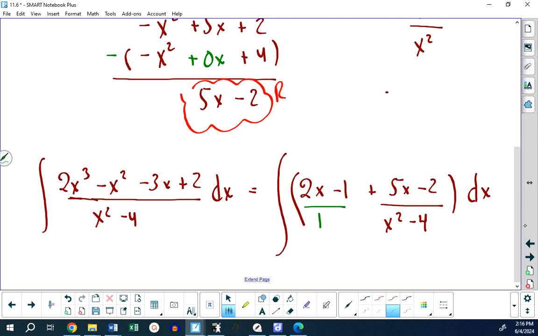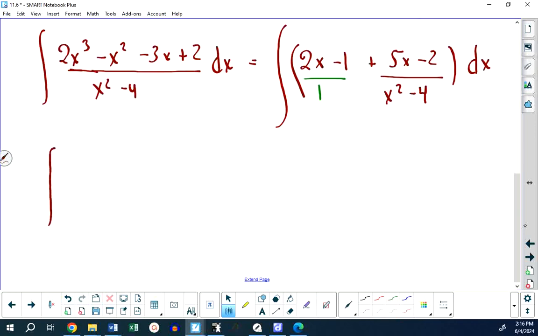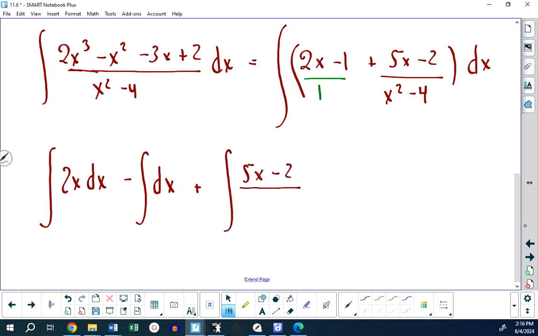So that means our answer will be the integral of 2x dx minus the integral of dx plus the integral of 5x minus 2 over x squared minus 4 dx. I'm just breaking it up.